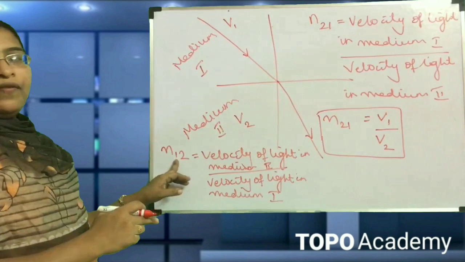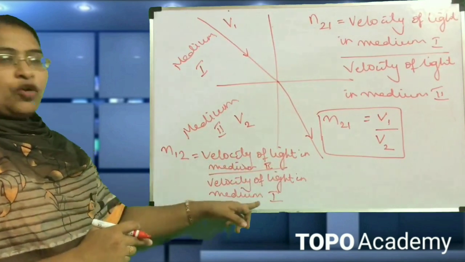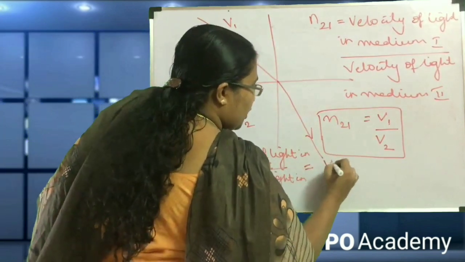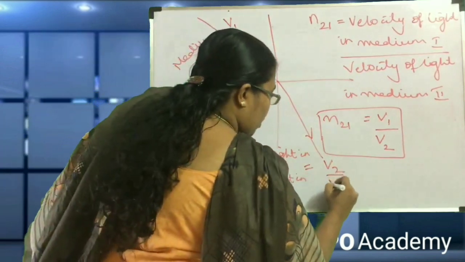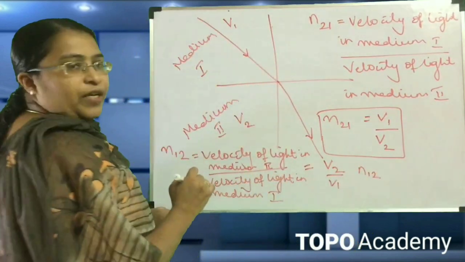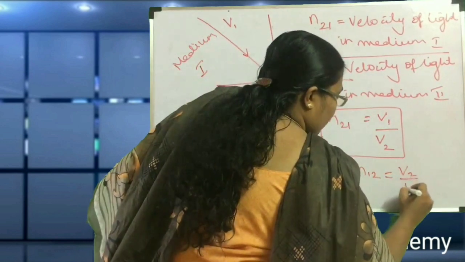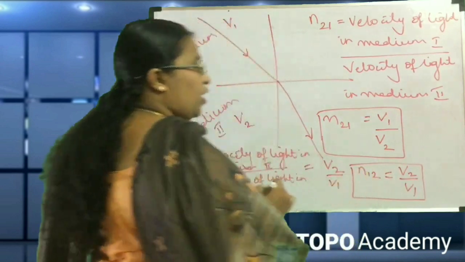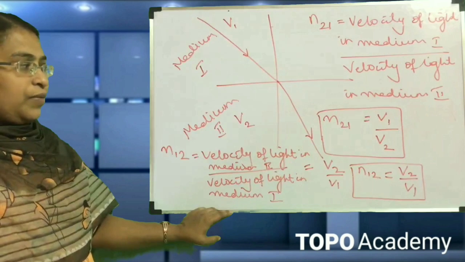The velocity of light in medium 2 is v2 and in medium 1 is v1. So the refractive index of medium 1 with respect to medium 2 is equal to v2 divided by v1. These are the equations to find the refractive index of different mediums.